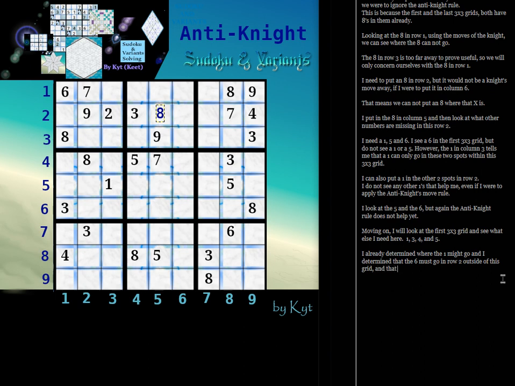And that either the 1 or the 5 goes in this first cell in column 1, row 2. This means that I only have the 3 and 4 to look at.